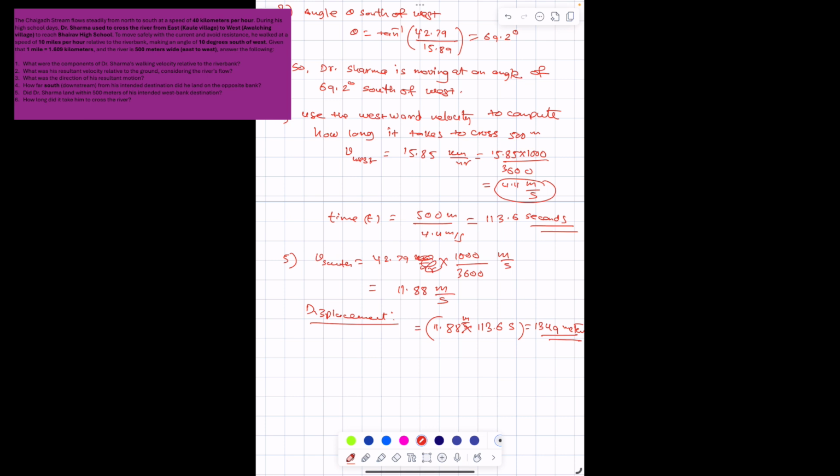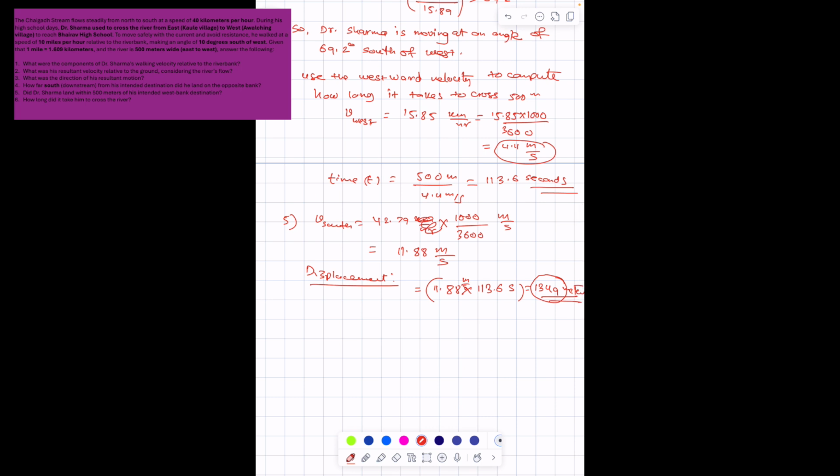So this is almost 1.5 kilometer. So the final summary, let me write down here. Dr. Sharma's walking angle 10 degrees south of west, resultant motion is 69.2 south of west, and time to cross is around 1.89 minute, that is 113.6 second, and downstream drift is 1349 meters.